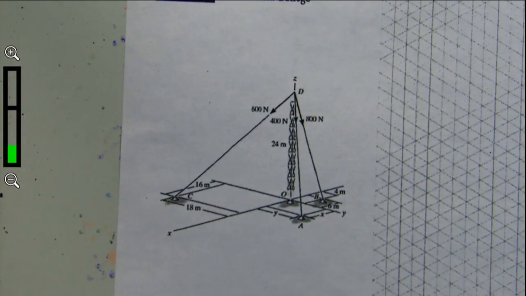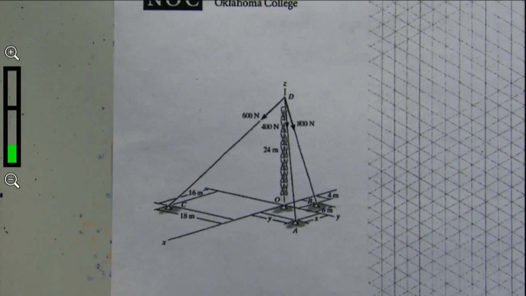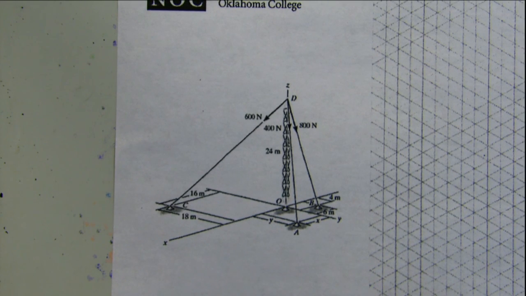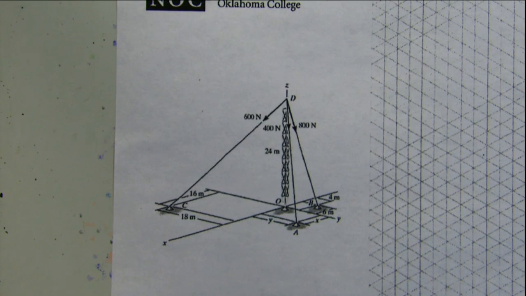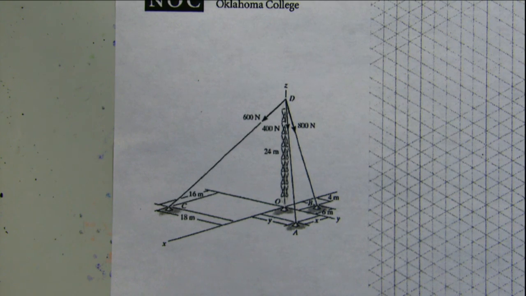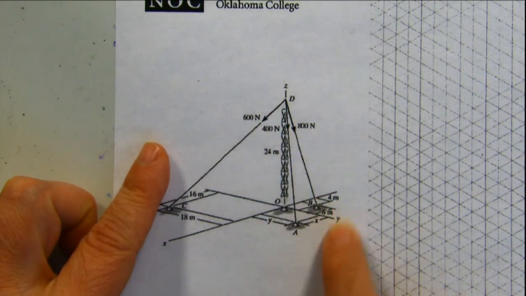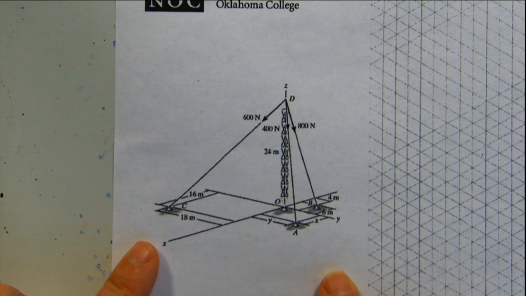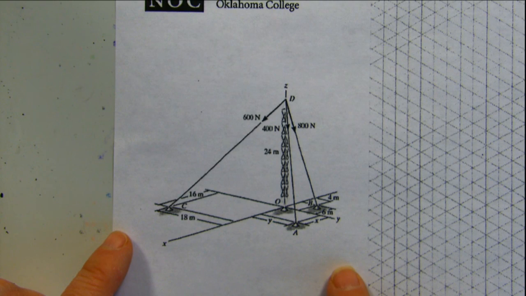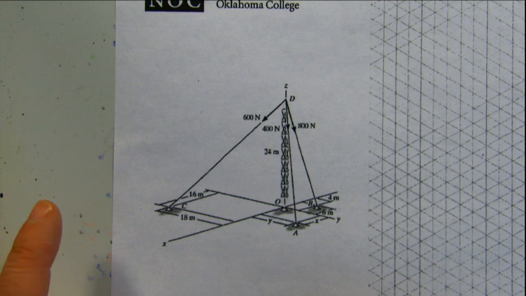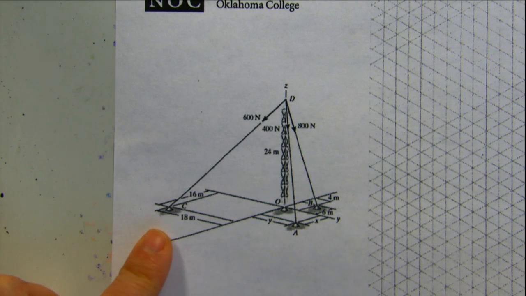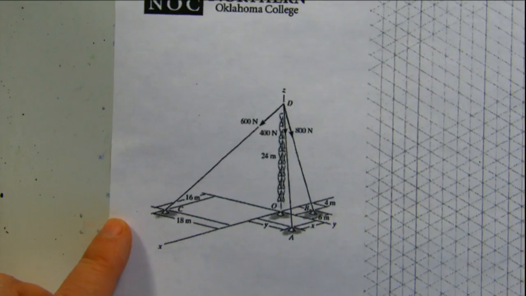I've got this lovely cell phone tower, antenna tower. It's got 3 guy wires on it, and we're ultimately going to have to figure out what the resultant force is. So I'm going to walk us through this diagram here.